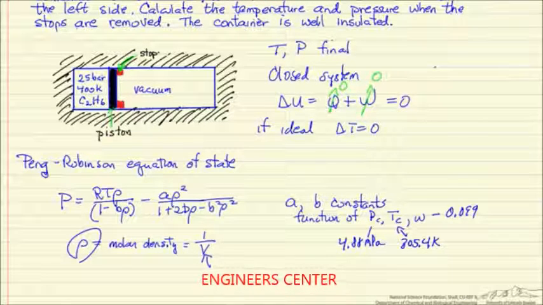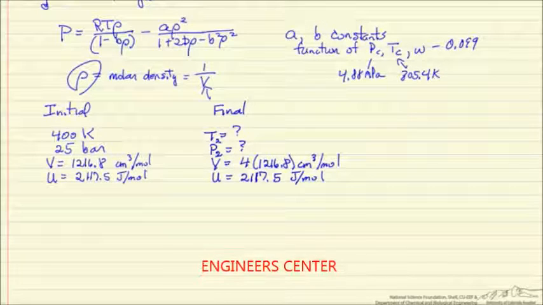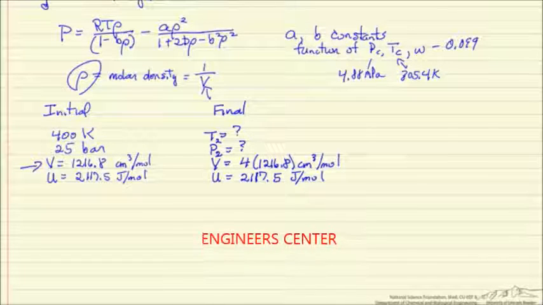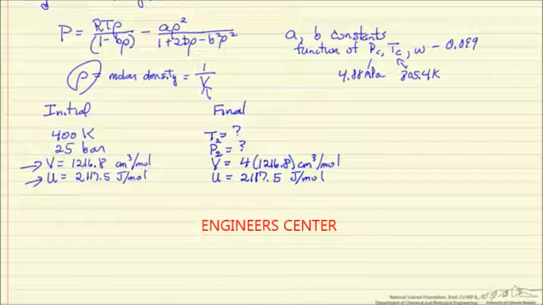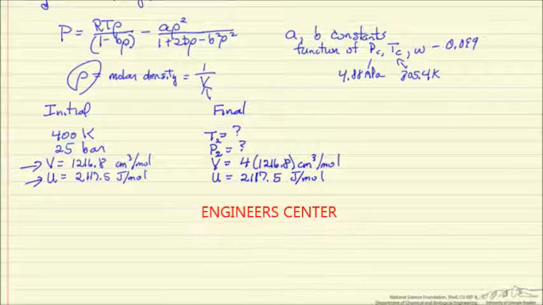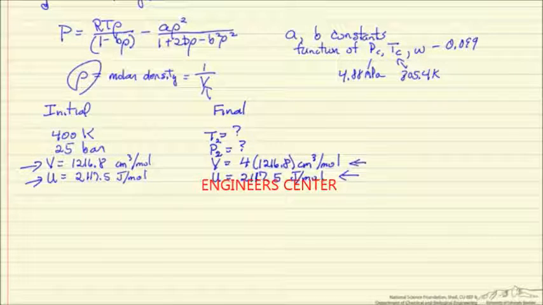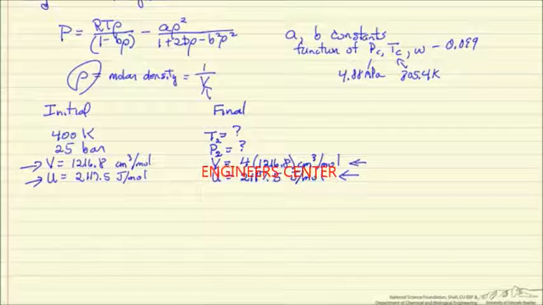And so what we're going to do is first use the equation of state to calculate our initial volume and the internal energy. Once we have that, it means we know the final internal energy. We know the final volume is 4 times the initial volume.